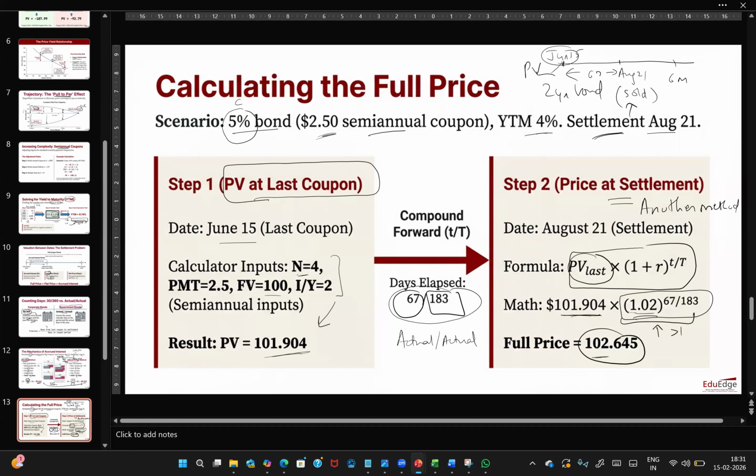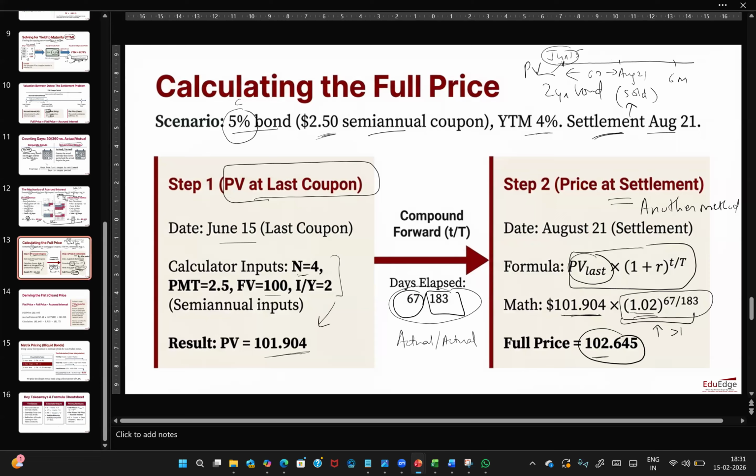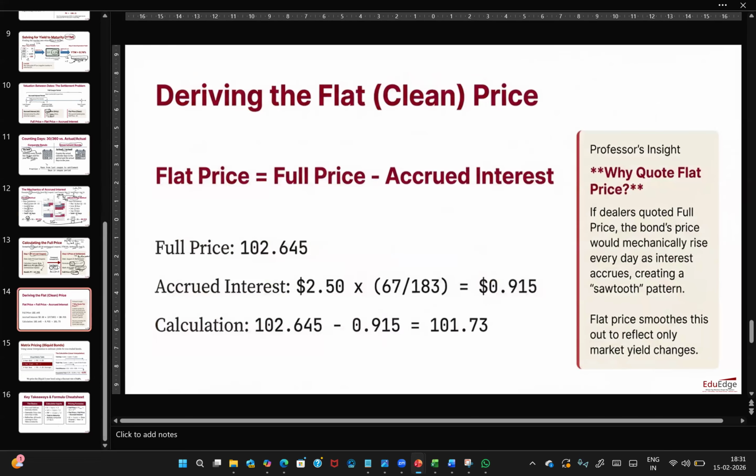Okay, so this is how we can also do it. And how do we derive the flat price? So full price becomes 102.645. Your accrued interest in the same period is 2.5, which is your semi-annual coupon.